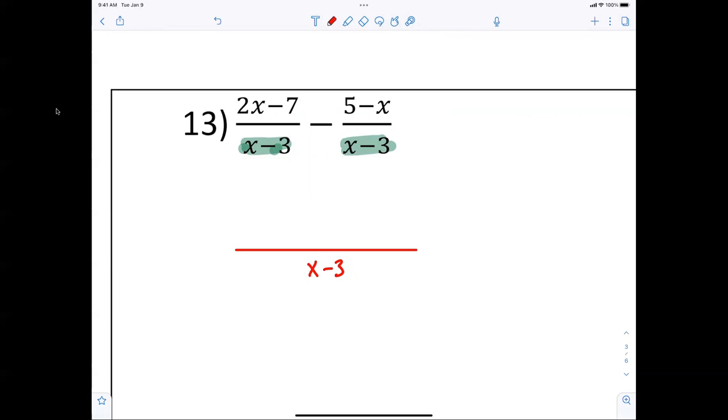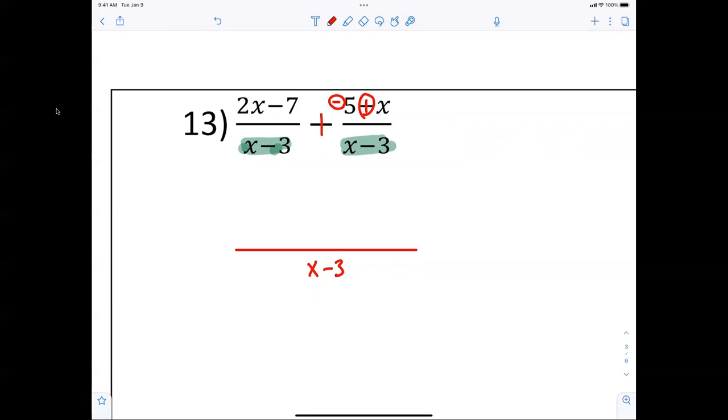I want to make sure that you understand this minus applies to the whole numerator. So this subtraction becomes what? Addition. And then the positive 5 becomes a what? Negative 5. And the negative x becomes a what? Positive x. It's like distributing a negative 1.